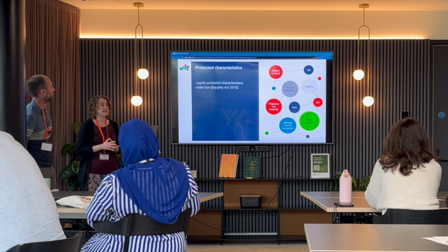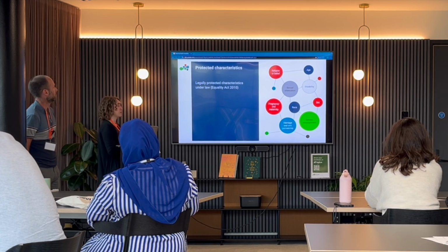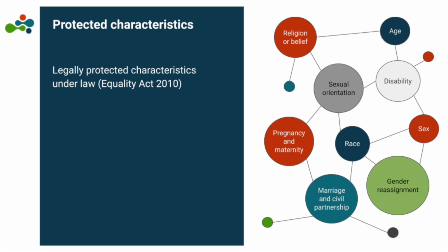And then there are also the legally protected characteristics under the Equality Act, which help us to identify those communities for targeted intervention for health inequality improvement. Some of these overlap with the World Health Organization dimensions of health inequality, such as age and disability.